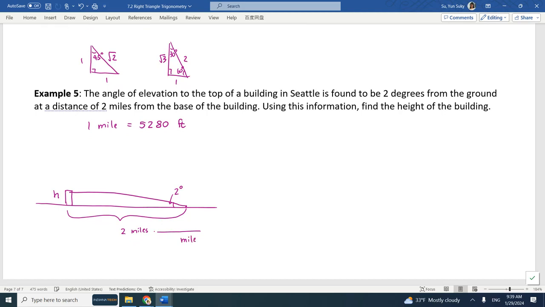So we want to get rid of the miles, and we want to get the feet. So you put the miles down there, and you put the feet up there. And 1 mile is 5,280 feet. When you multiply them, how many feet?